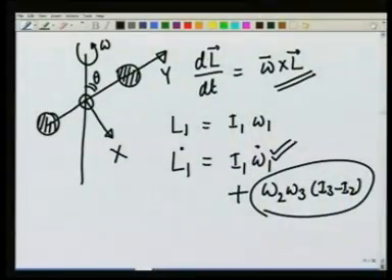One, because angular velocity itself is changing, and two, because L is not in the direction of omega, and therefore it rotates about the angular velocity.